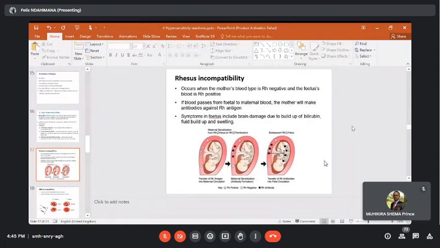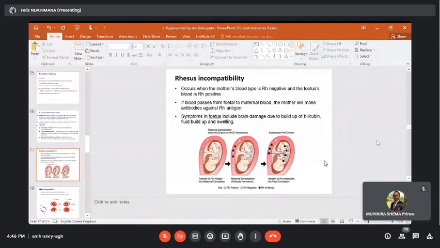And then if the mother doesn't have this kind of protein, of course her body will make antibodies against this Rhesus antigen, like if they get in contact during delivery.